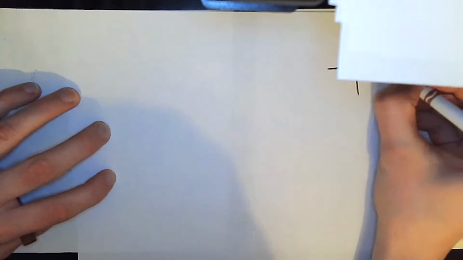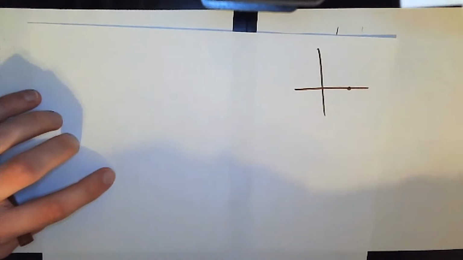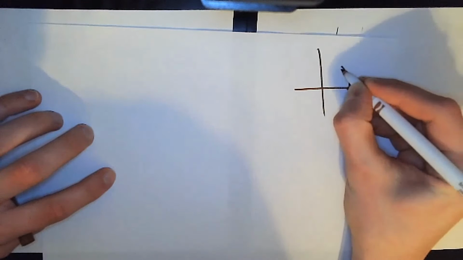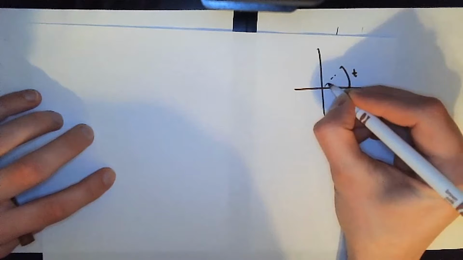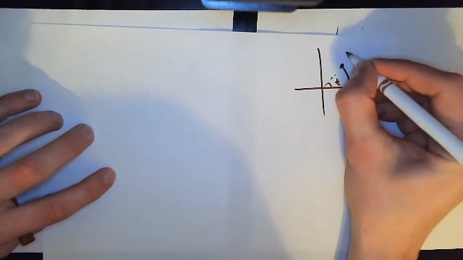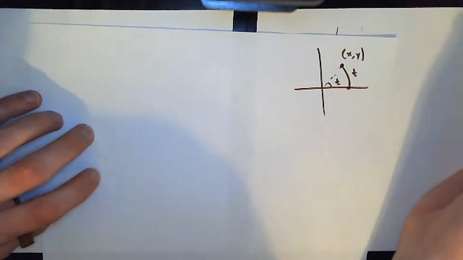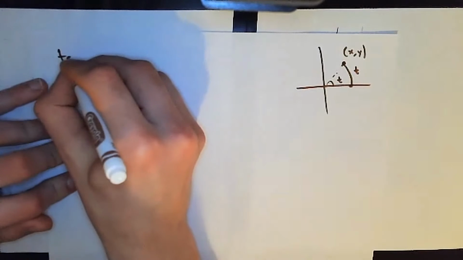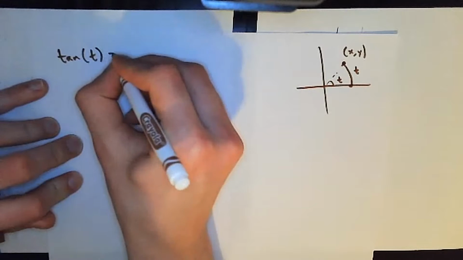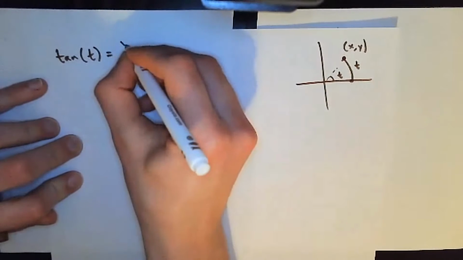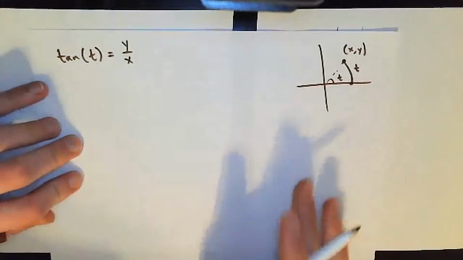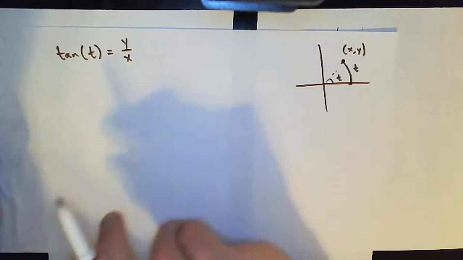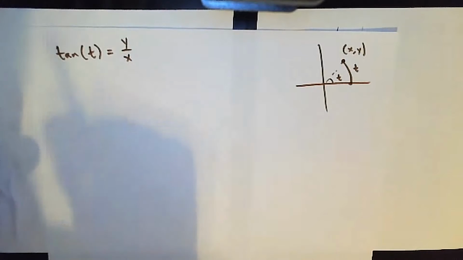Okay, coming back to the unit circle with some t arc length subtended by some angle t terminating at a point xy. How does tangent relate to this stuff? It takes in an input of t, and it spits out a y over x value, the ratio of those two coordinate values.